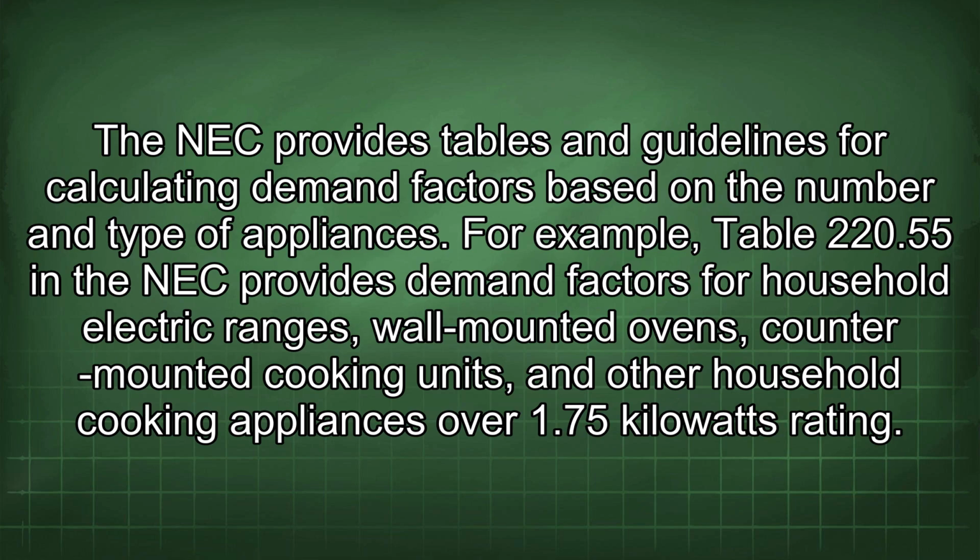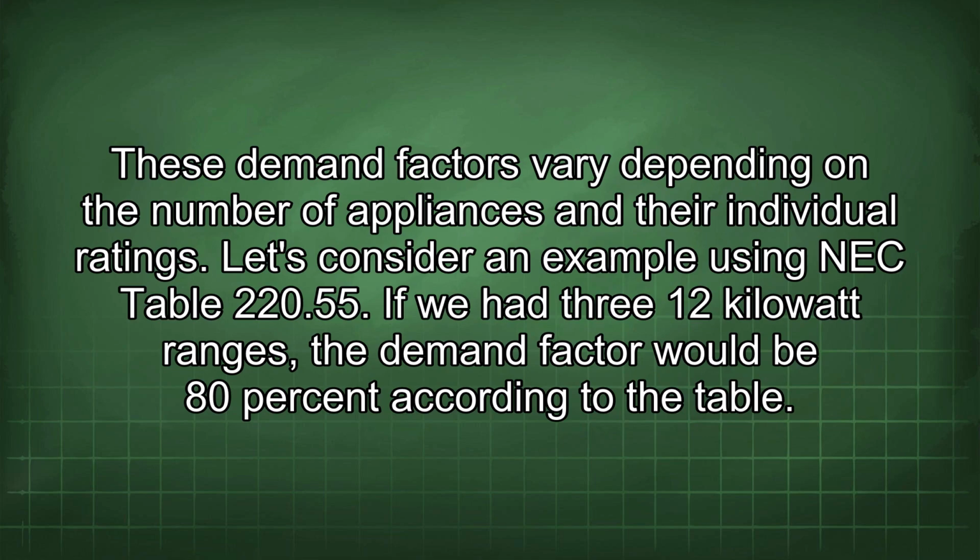For example, Table 220.55 in the NEC provides demand factors for household electric ranges, wall-mounted ovens, counter-mounted cooking units, and other household cooking appliances over 1.75 kilowatts rating. These demand factors vary depending on the number of appliances and their individual ratings.